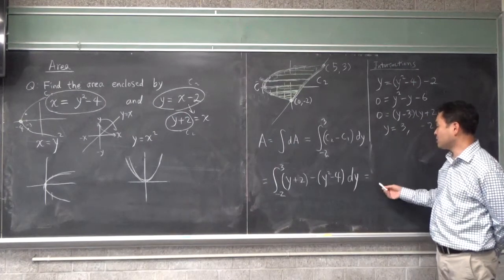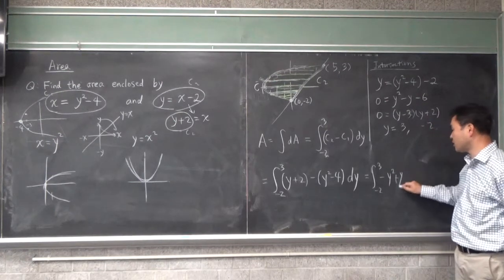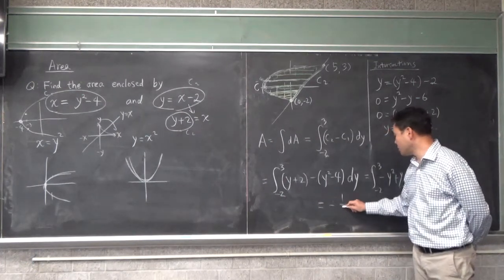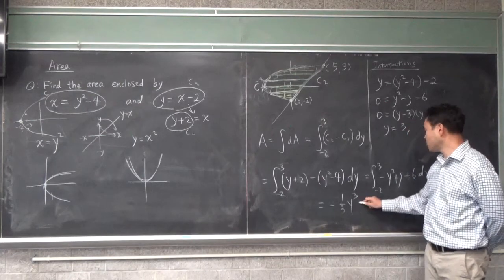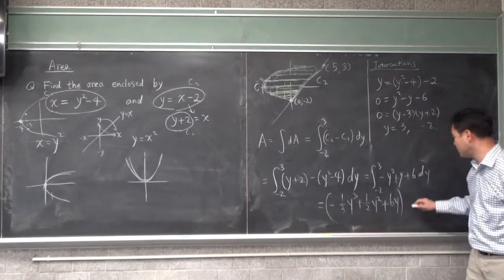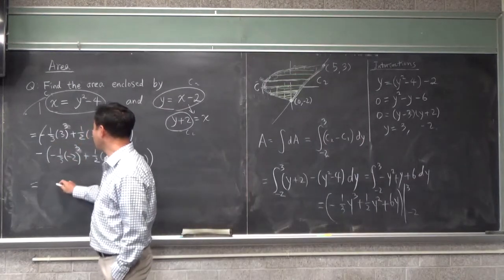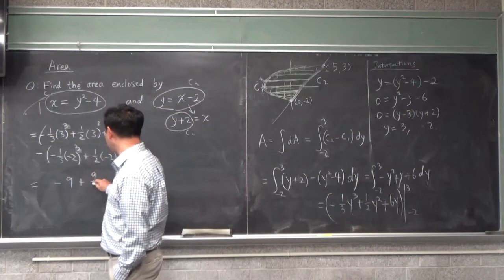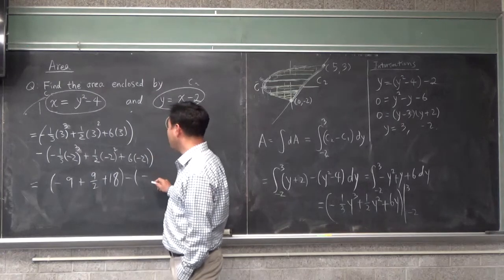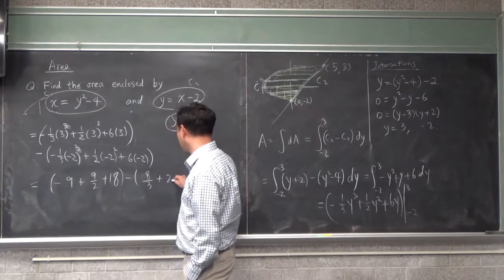Now we just integrate. This is the integral from -2 to 3 of negative y squared plus y plus 6 dy, which is -1/3 y cubed plus 1/2 y squared plus 6y, and then you have to plug in 3 and -2. This is -9 plus 9/2 plus 18, minus positive 8/3 plus 2 minus 12.